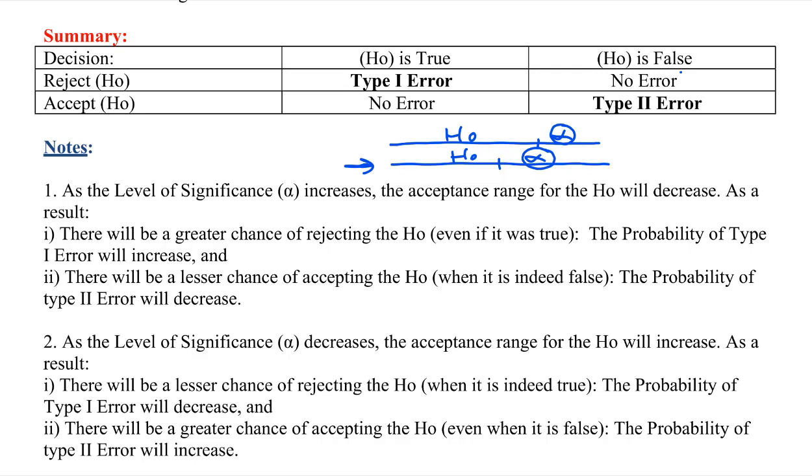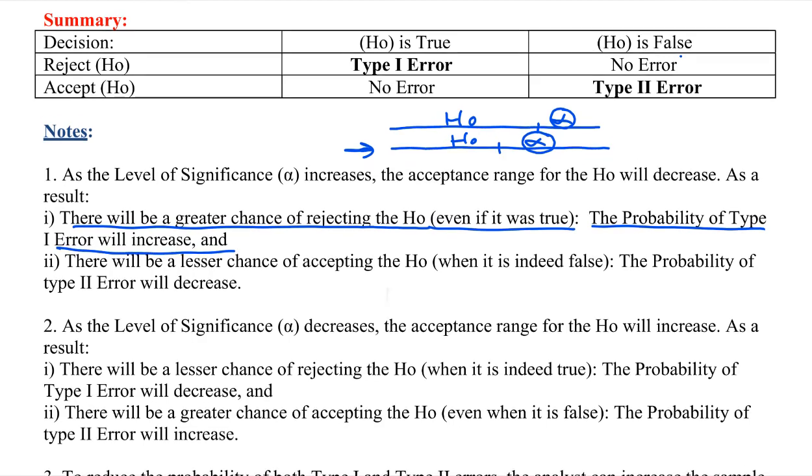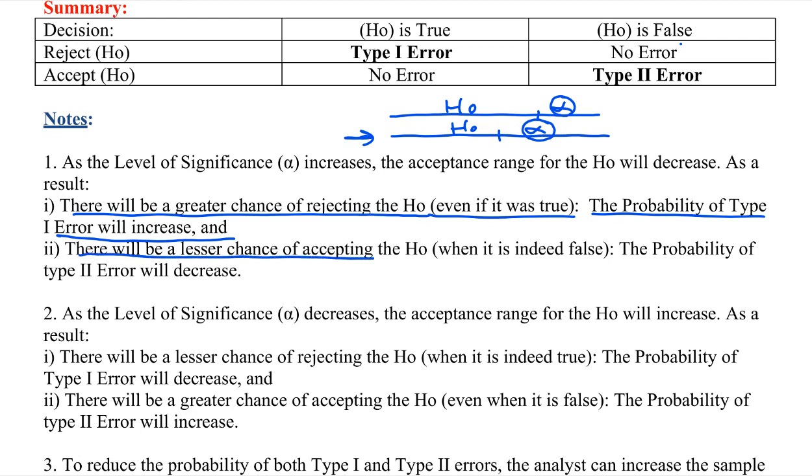And that's the statement we make here. So as a result, there's a greater chance of rejecting the null even if it was true. In other words, now we're increasing the probability of making a type 1 error. And at the same time, there will be a lesser chance of accepting the null when it is indeed false. So therefore, the probability of type 2 error will decrease.